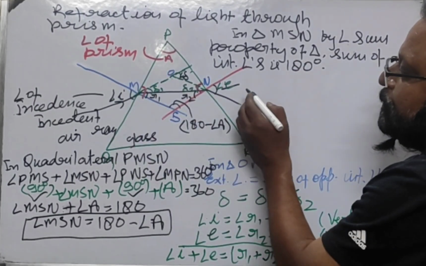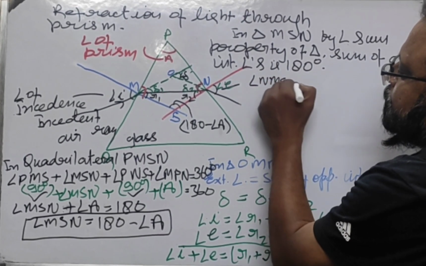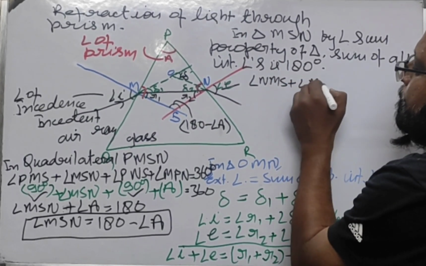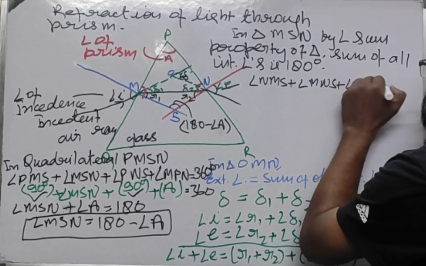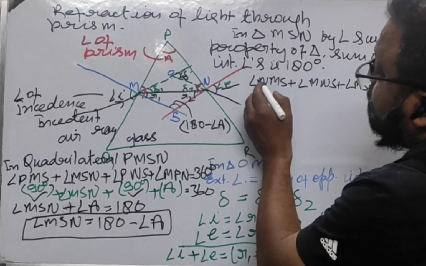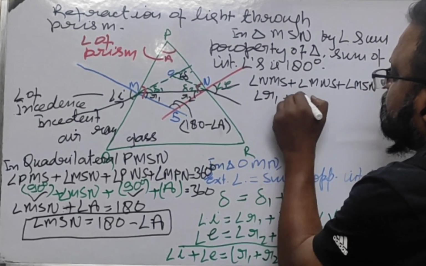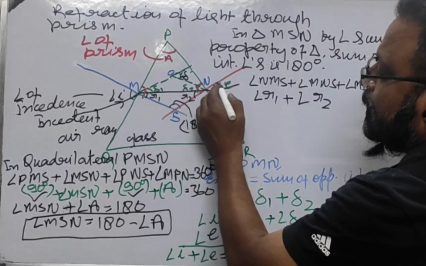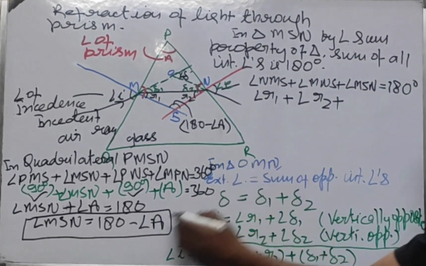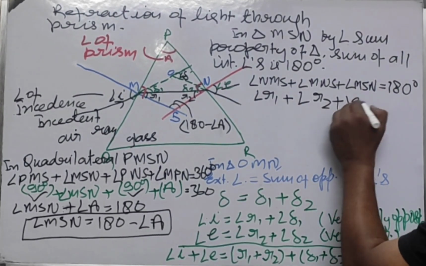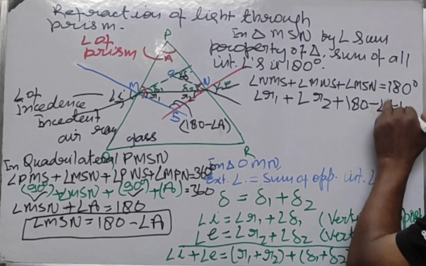So we can write angle NMS plus angle MNS plus angle MSN is equal to 180 degree, and angle NMS is angle R1 plus angle MNS is angle R2 plus angle MSN is equal to 180 minus angle A. 180 minus angle A is equal to 180 degree.